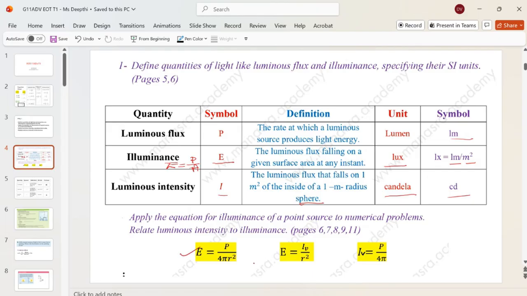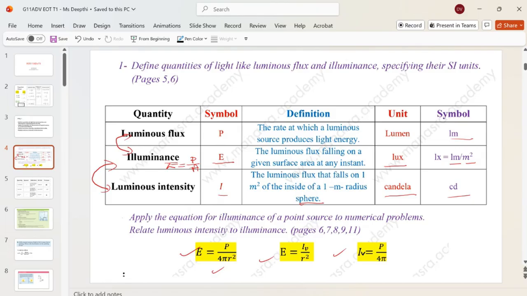Hope the definitions are clear to you. We have 3 more equations. Only the first equation will be in your equation sheet. So the second and the third, you have to memorize. They're not going to be in the equation sheet. The first one is the equation between E and P, illuminance and flux, which is P by 4 pi r square, and that will be in your equation sheet. But the second one, connecting illuminance and luminous intensity, will not be there.